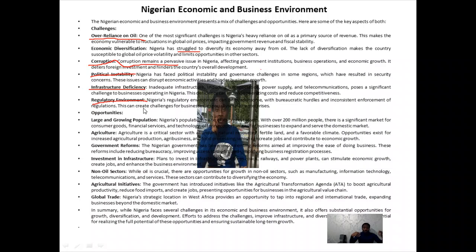So what are the opportunities that you could find in the case study? You must mention them as they relate to the Nigerian economy. One of them is the large and growing opportunity.